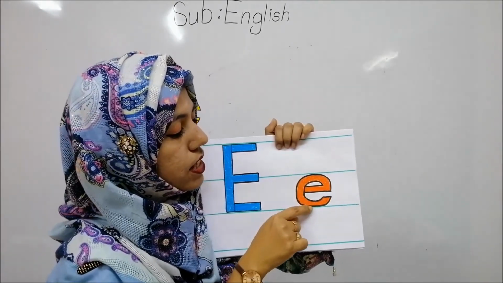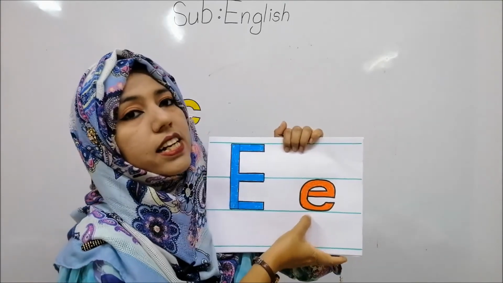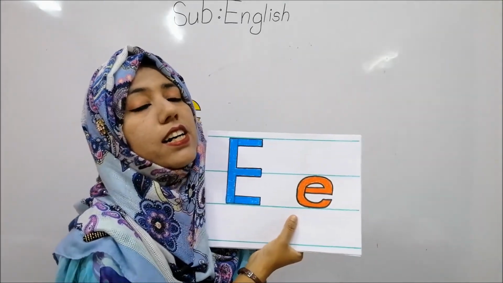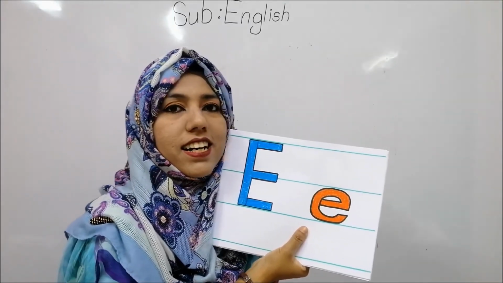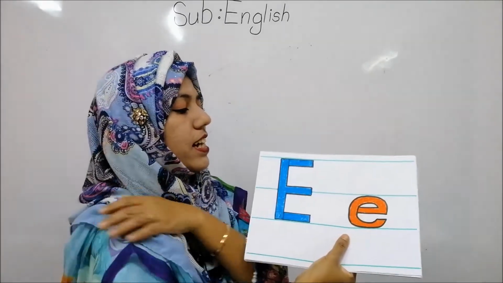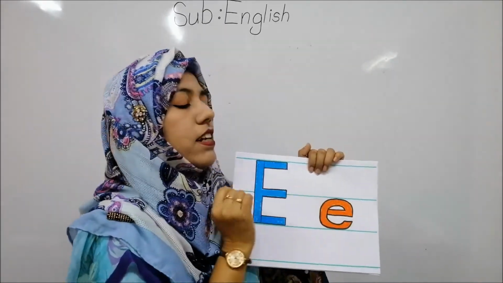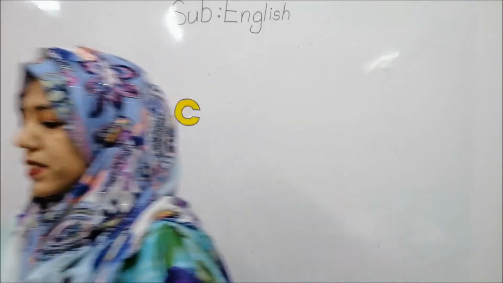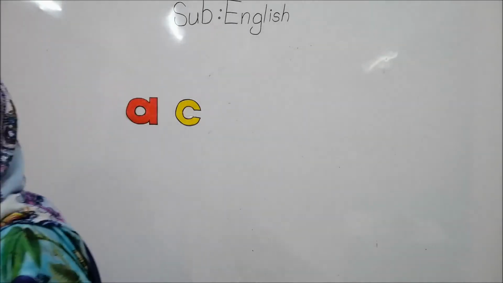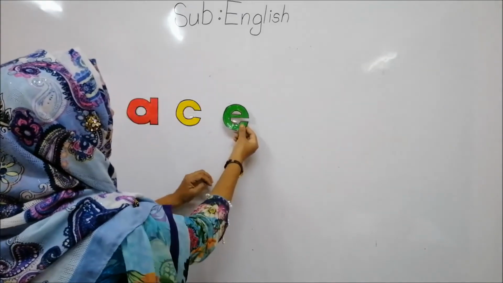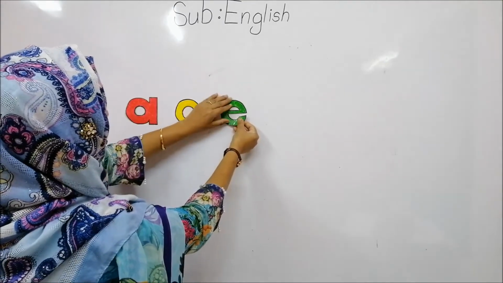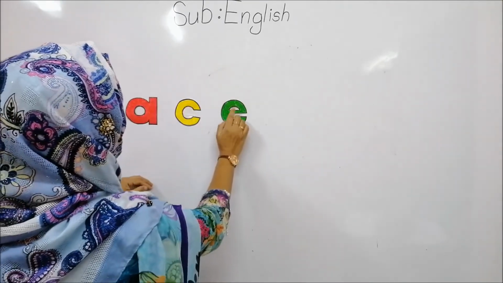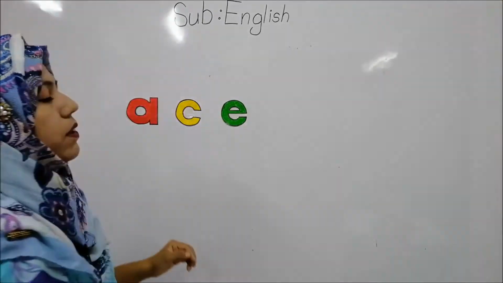Then it goes down and touches the third line. It's a what? It's a short letter. Okay. So, here is another short letter. This letter's name is E.